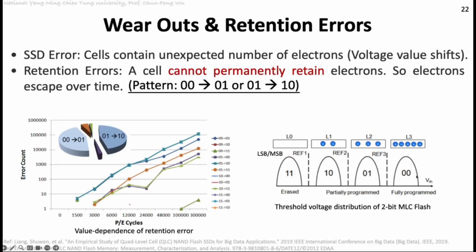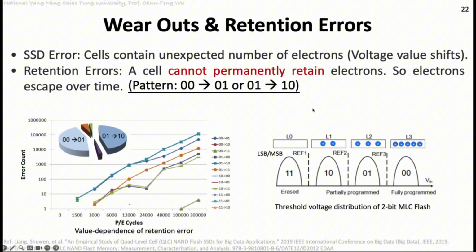The reason is that 00 has a lot of electrons inside, so when there are more electrons, it is possible for some of them to escape. And if some of them escape, this state will jump to level 2. And for level 2, when it is left for a relatively long time, it is possible to jump back to level 1 if some electrons escape.